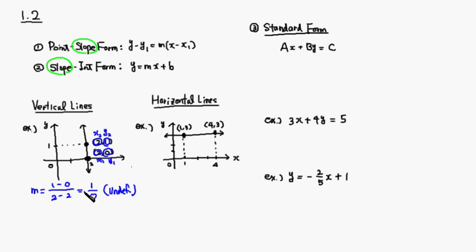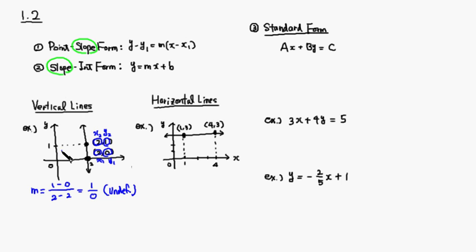So this is where standard form comes in. Since a vertical line cannot be written in the first two forms, we need a third form that takes care of the vertical line, which is the standard form here: Ax plus By is equal to C, where A, B, and C are just constants.